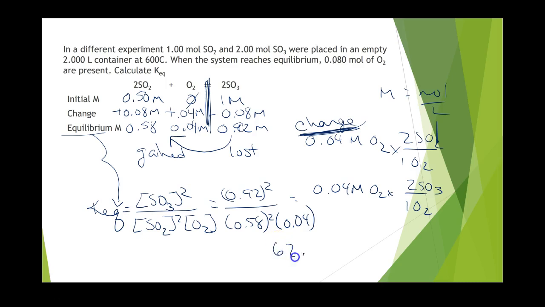And I get 62.9. Okay, so a couple of things to look for. Change is how you do the stoichiometry, and one side gains and one side loses.